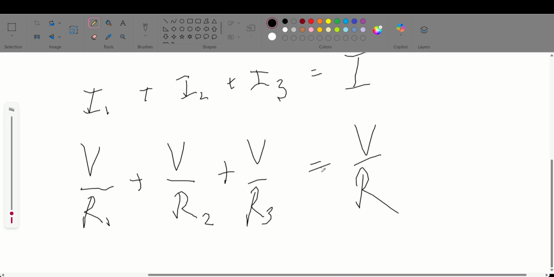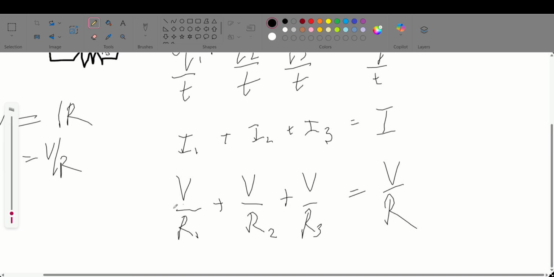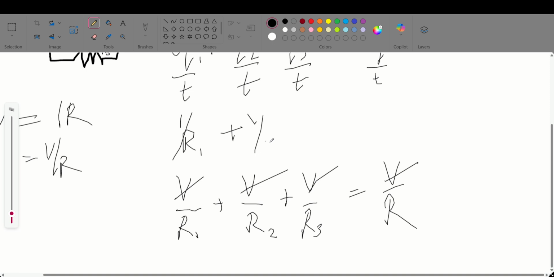So now if we divide all of these terms by V, if we basically eliminate the V's, this equation tells us that the reciprocal of the first resistance plus the reciprocal of the second resistance plus that of the third is equal to the reciprocal of the resistance of the entire circuit.